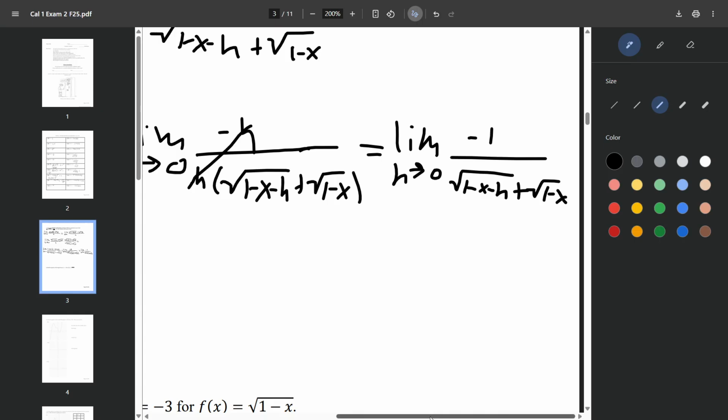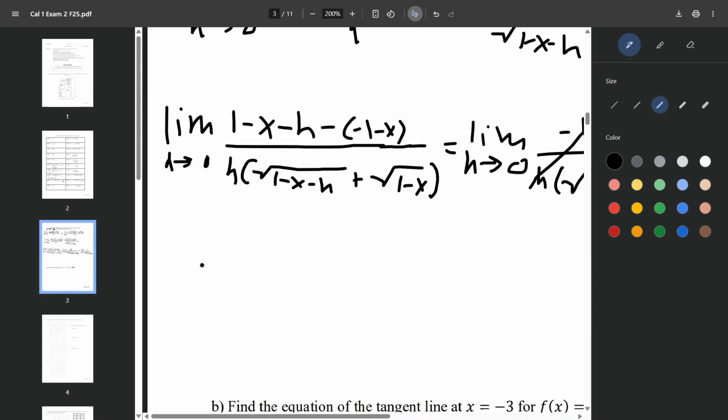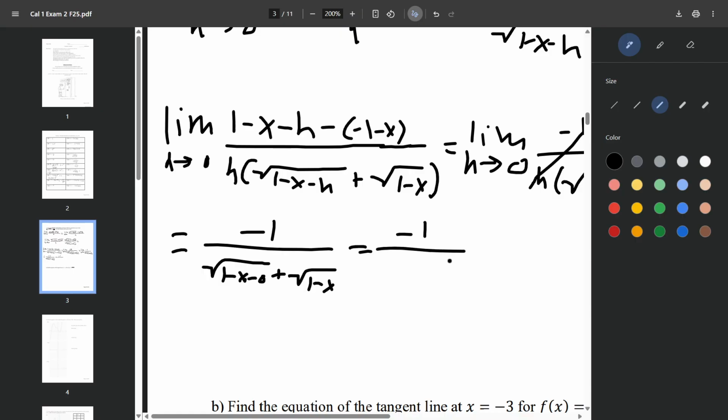And at this point, you can now plug in 0 for h, so we are then left with negative 1 over root 1 minus x minus 0 plus root 1 minus x, which equals root 1 minus x plus root 1 minus x.